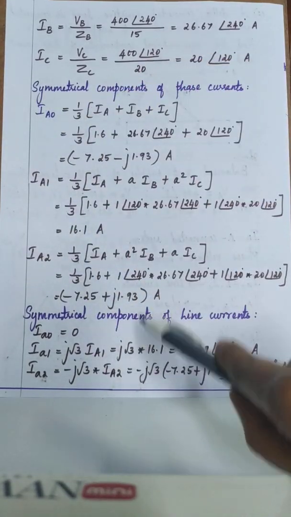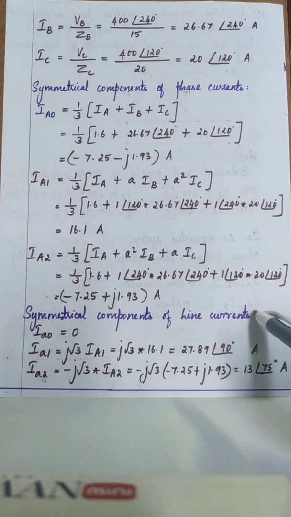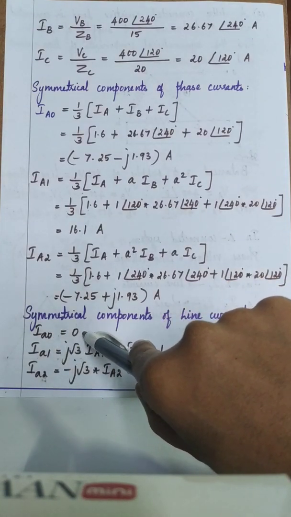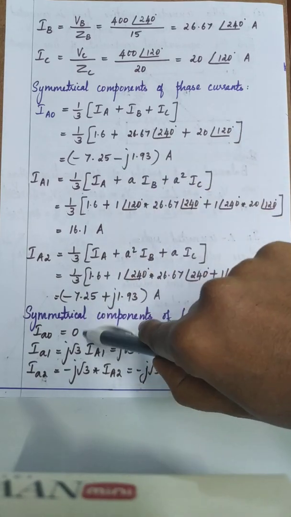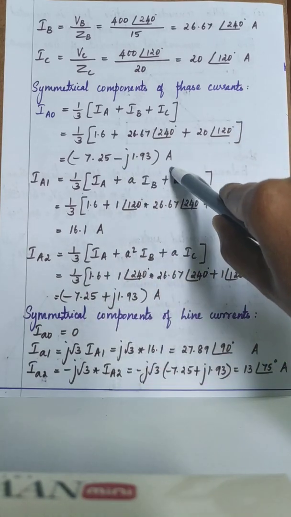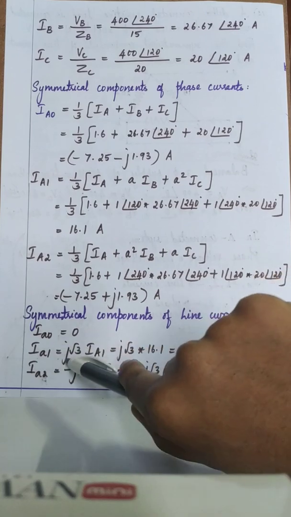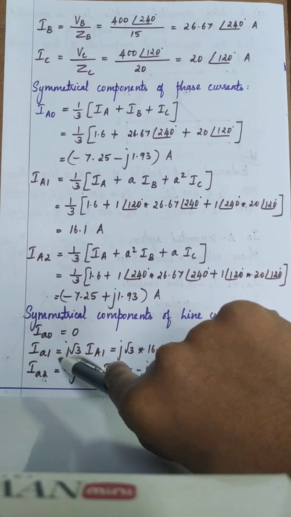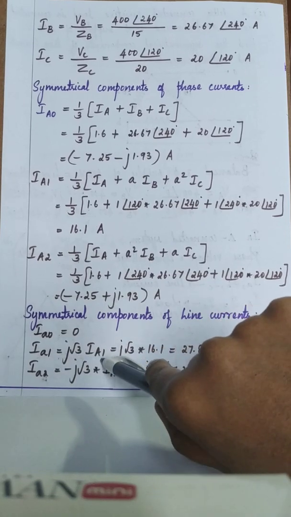Now the symmetrical components of line currents: I small a0 is equal to 0, which we have already proved from the derivation, or if you want you can check. I small a1, the positive sequence component of line current, is equal to J root 3 I capital A1.